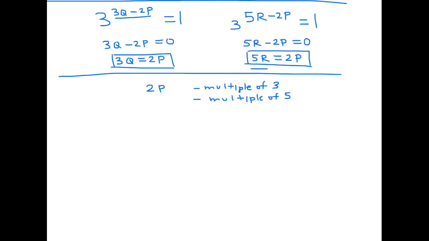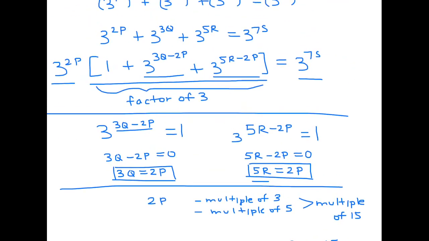So if it's a multiple of 3 and a multiple of 5, it must be a multiple of 15, perhaps. But that would mean that 2p equals 15. It could be, but that's not possible because p is an integer. And if you do it like that, it becomes 7.5, right?